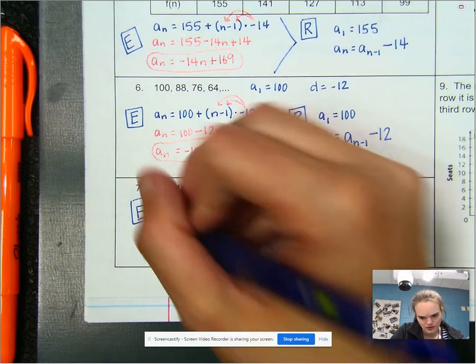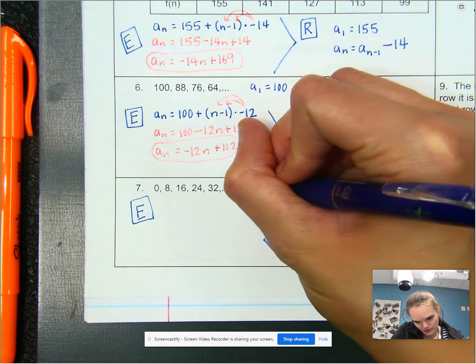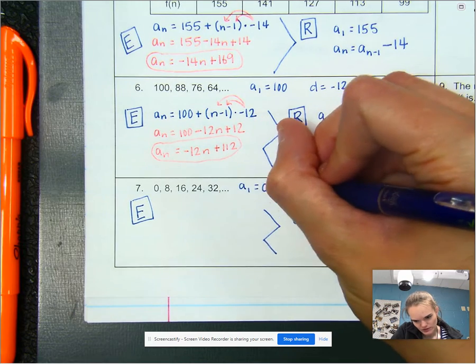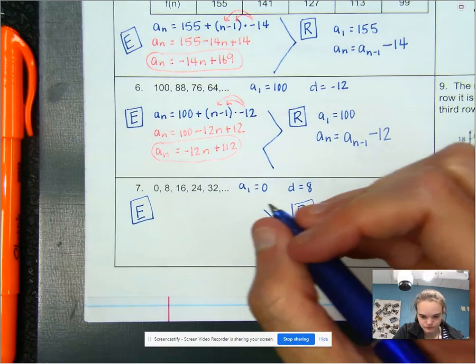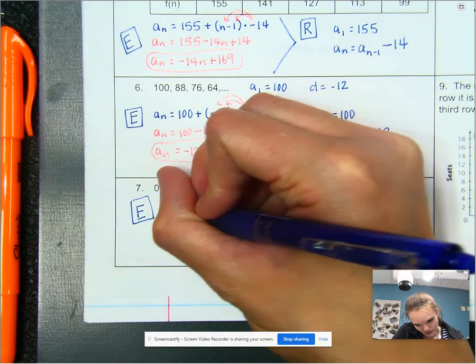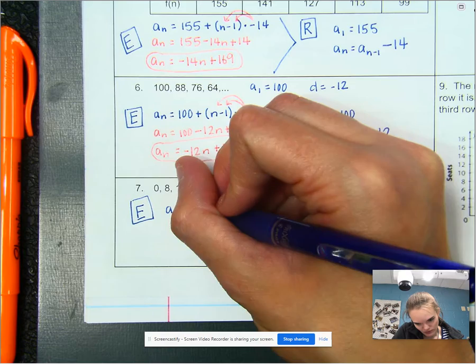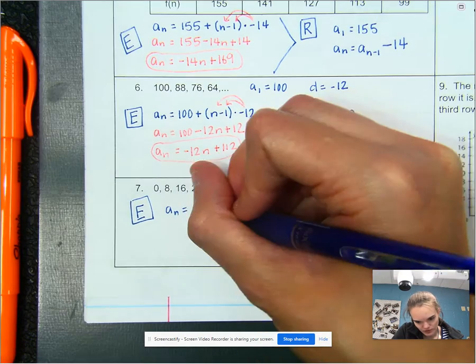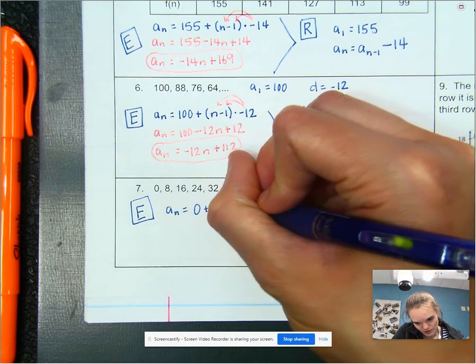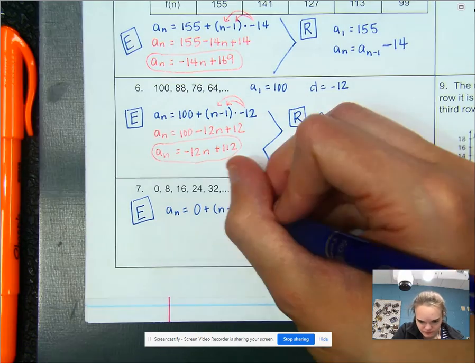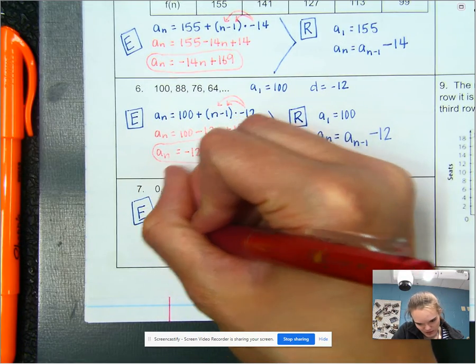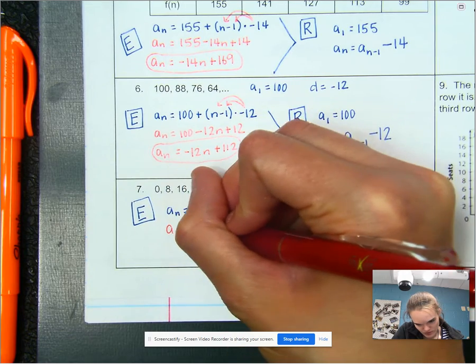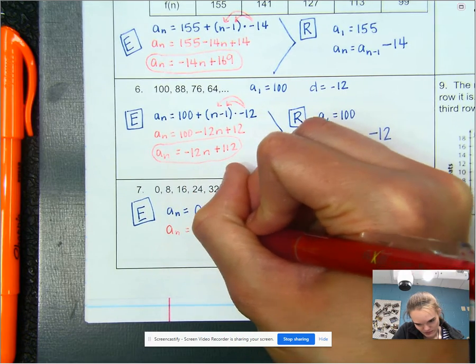All right, the first term is 0. The difference is 8, because 8 minus 0 is 8. A sub n equals 0 plus n minus 1 times 8. A sub n equals 0 plus 8n minus 8.